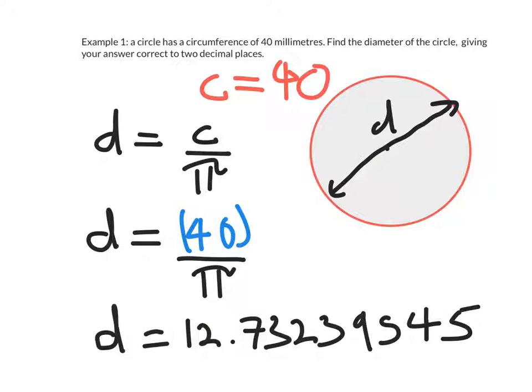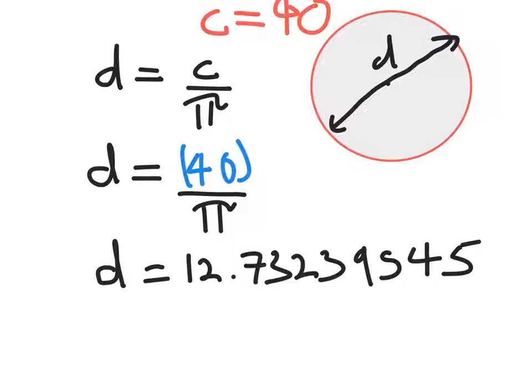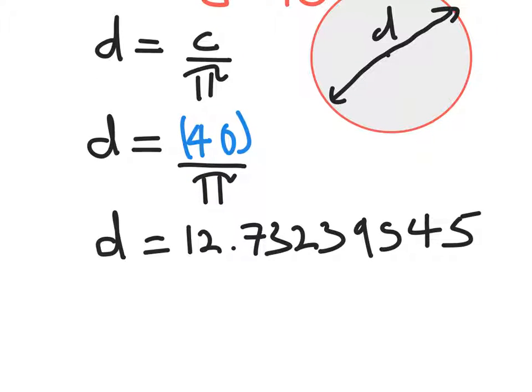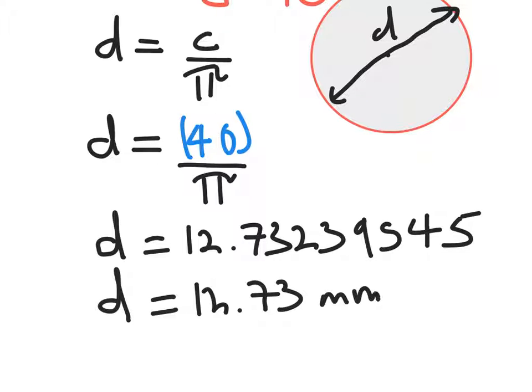Okay, so we're going to round that to 2 decimal places, which all we have to do is have a look at that second decimal place and see if the third decimal place will round it up or down. Now that 2 is less than 5, so we're going to round down, so we're going to leave it as a 3. So to 2 decimal places, our answer is just going to be d equals 12.73, and again we were in millimeters, so our answer is 12.73 millimeters for this example.